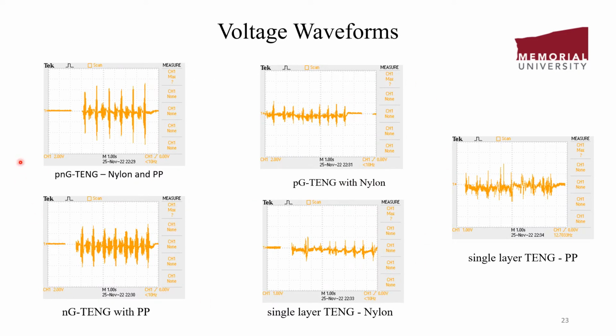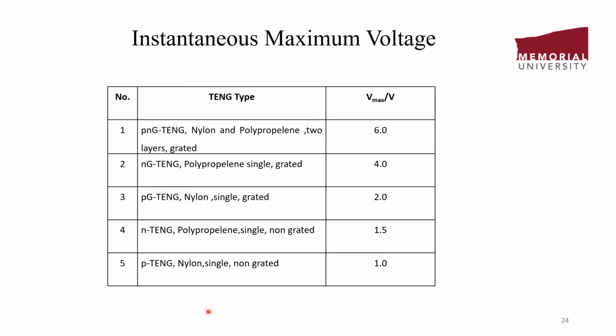Those are the five waveforms of those five specimens. We received the highest voltage, that is 6 volt, from the positive and negative trench with nylon and PP. We observed the instantaneous maximum voltage accordingly.